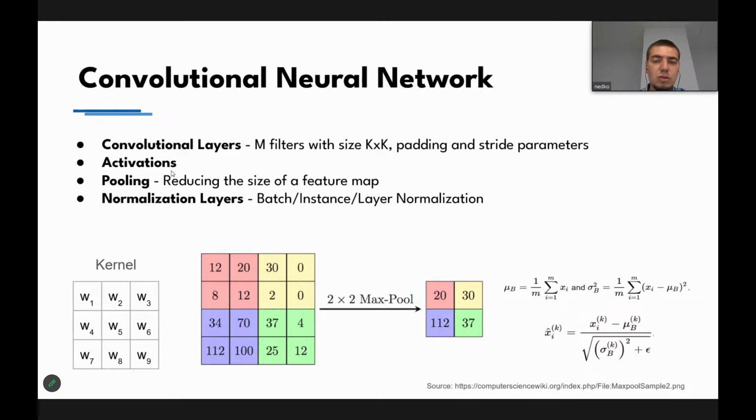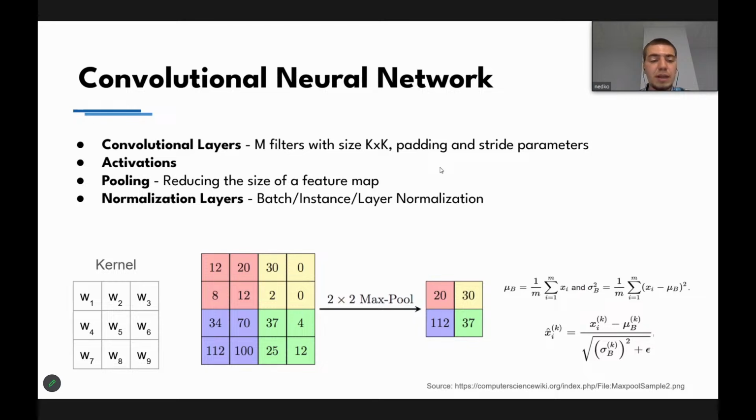So a convolutional network consists of convolutional layers. It has multiple of those kernels, which we also call filters. It has a certain size of that kernel. Here it is 3 by 3, but it can also be 5 by 5 or 7 by 7.